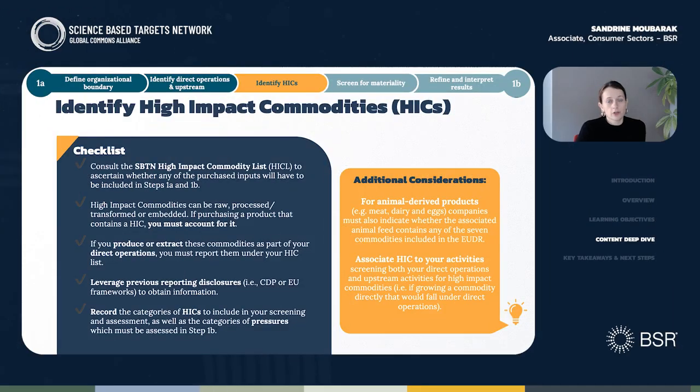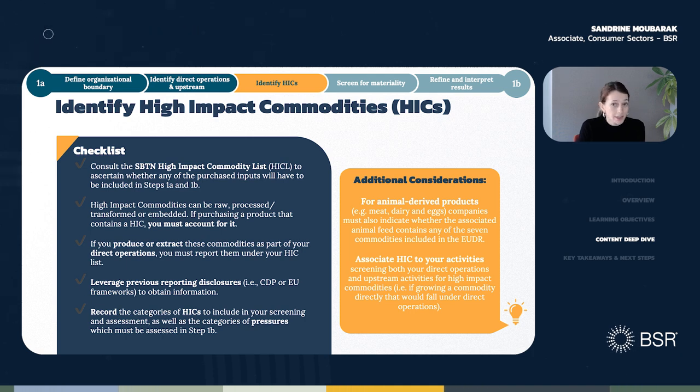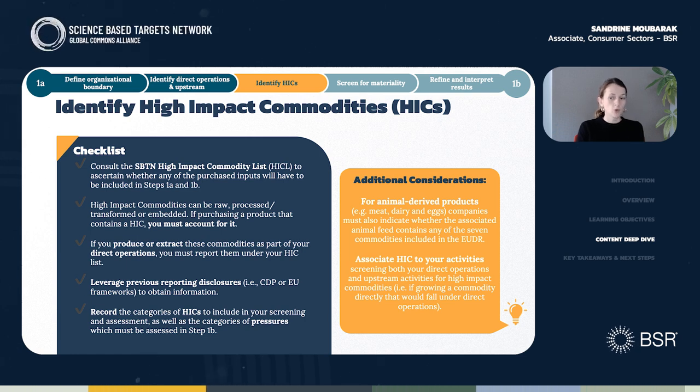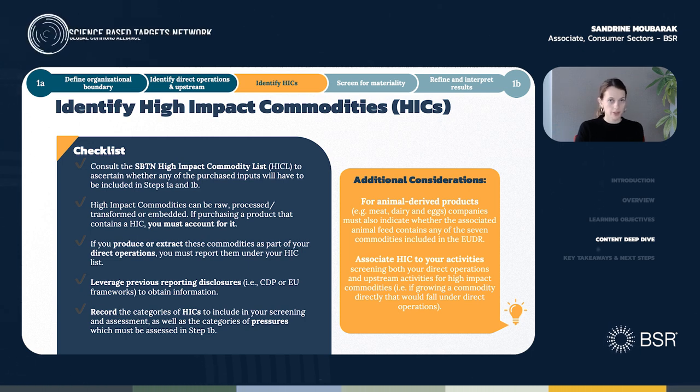So companies should therefore reference the high-impact commodity list to ascertain whether any of their purchased inputs, raw ingredients to finished goods, will be required for inclusion in the Step 1A materiality screening and Step 1B value chain assessment.